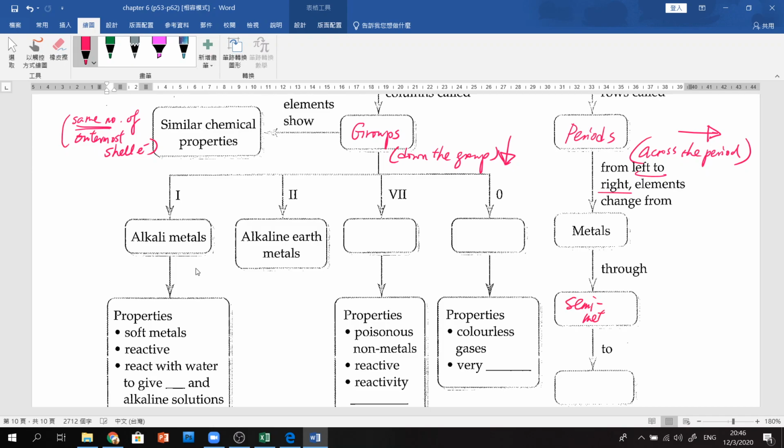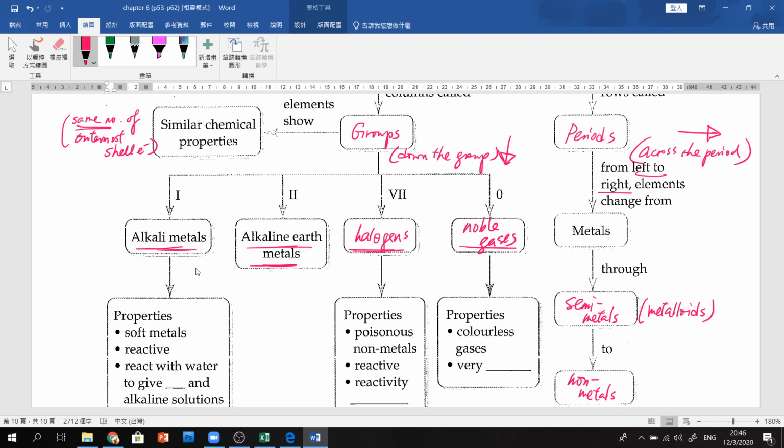Semi-metals or metalloids, to non-metals. How about the names for the groups? For main group metals and non-metals, you need to memorize the names. What are they? Alkali metals, alkaline earth metals for group 1 and group 2. How about group 7, halogens, and group 0, we call that noble gases.